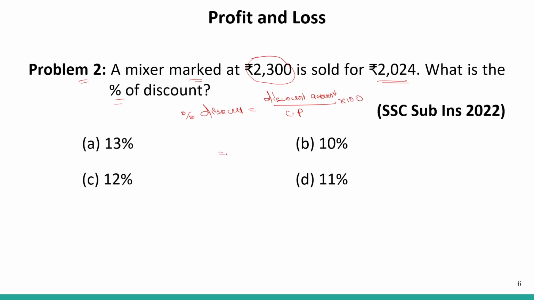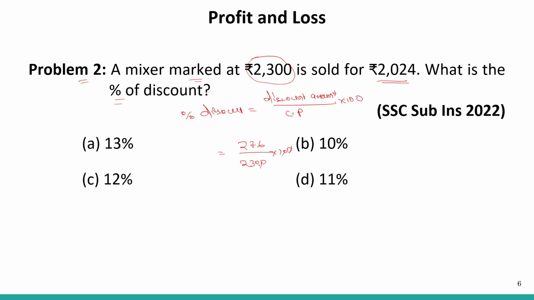So the discount amount will be 276 divided by the cost price, 2300, into 100. This will be the discount percentage.